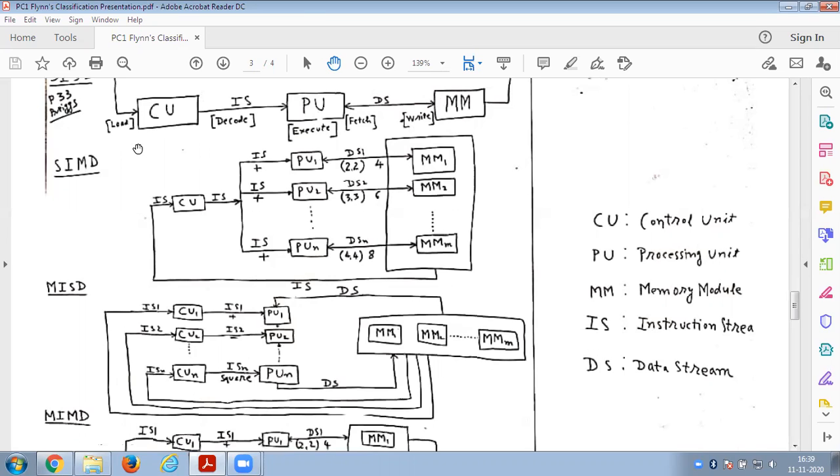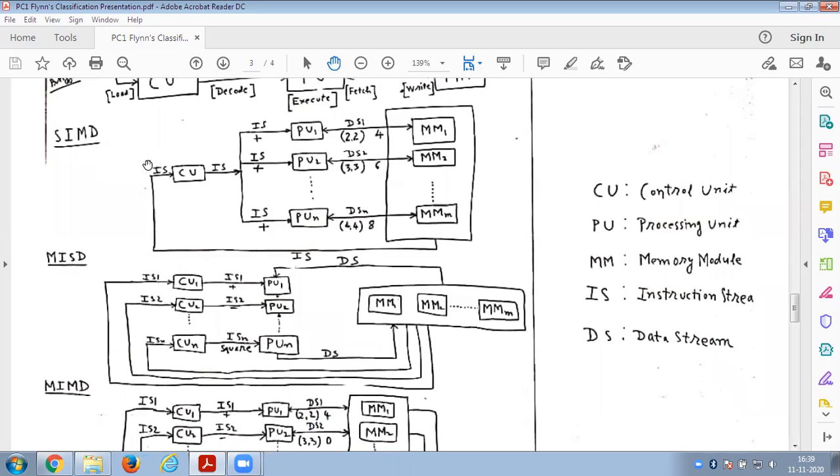This is SISD. SIMD means single instruction stream, multiple data stream. This is MM1, MM2 up to MMM, not N, MMM. Control unit, processing unit, memory module, instruction stream, data stream.